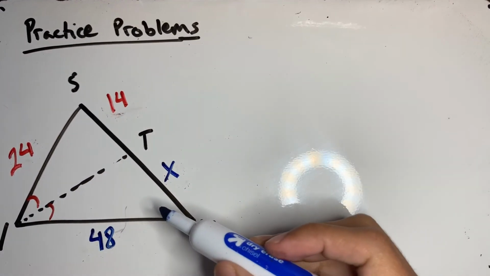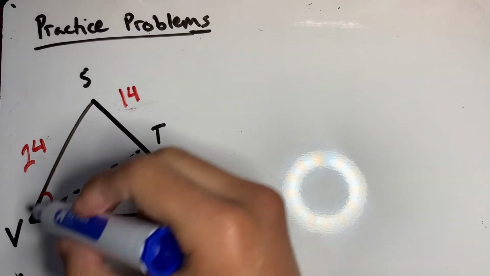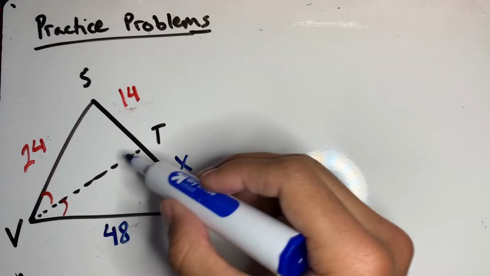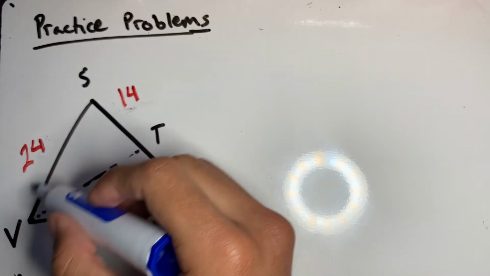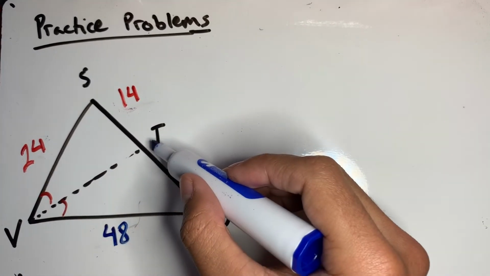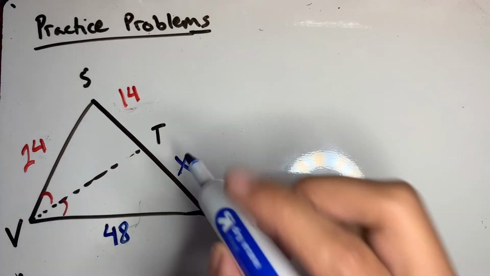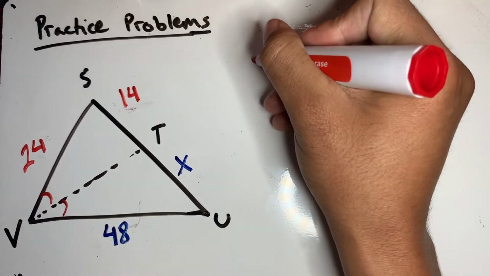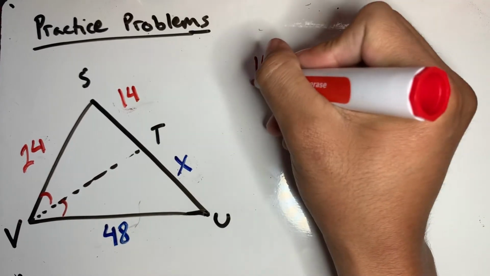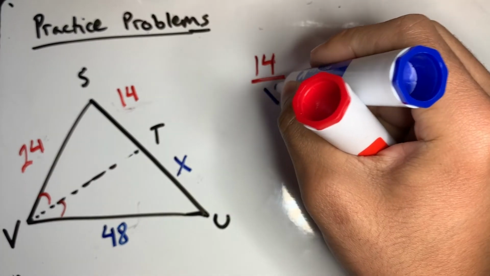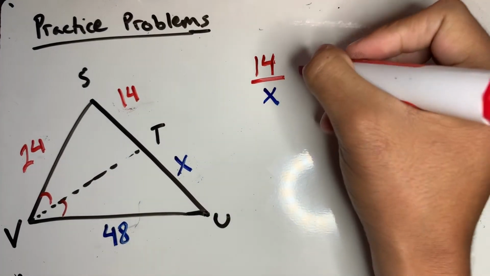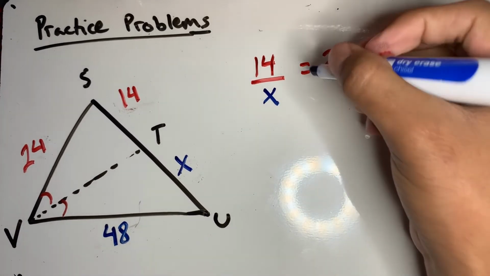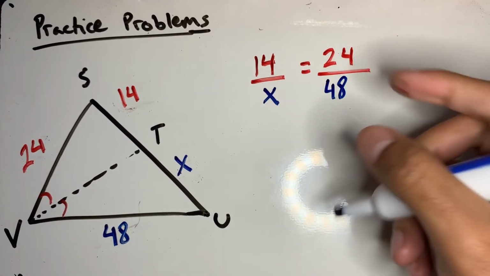So again, if we have this triangle VSU, and this line segment VT bisects it, that means this angle SVT is congruent to TVU, then we can state the following theorem, which is that this 14, and obviously we're solving for x, so 14 over x is going to be equal to 24 over 48. Right? Because the ratios are equal to each other.